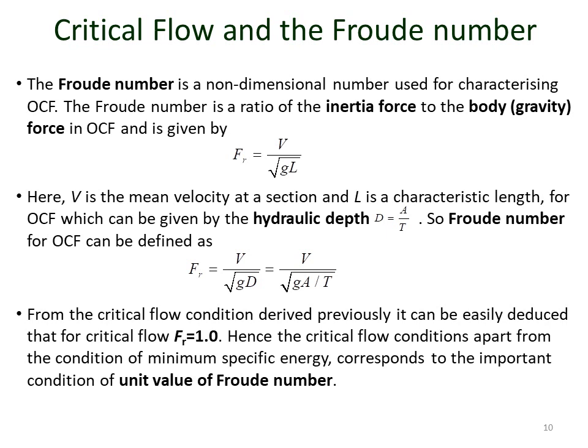This is a very important characteristic of critical flow: apart from the condition of minimum specific energy at a given discharge, the Froude number of flow at critical conditions equals unity. So this is a very important characteristic.